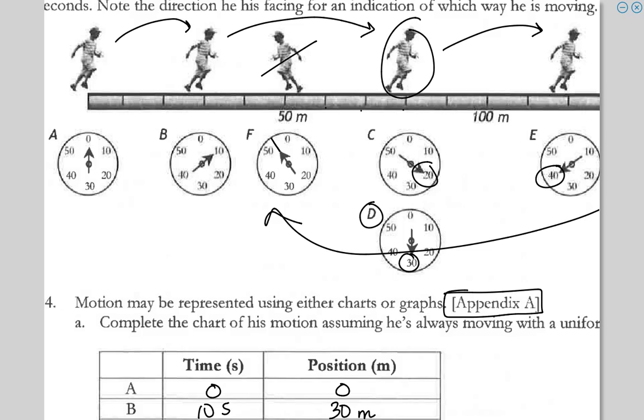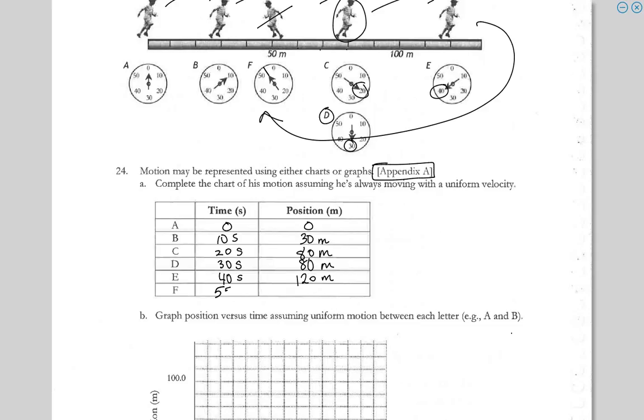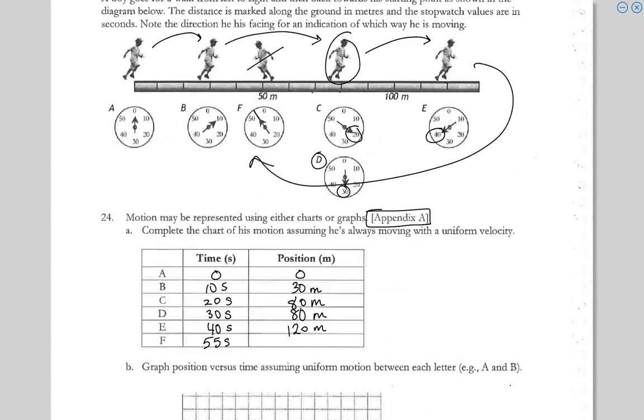Let's do it. 55. And his position now, careful. Where's 0? Here's 0. So position is back at 50.